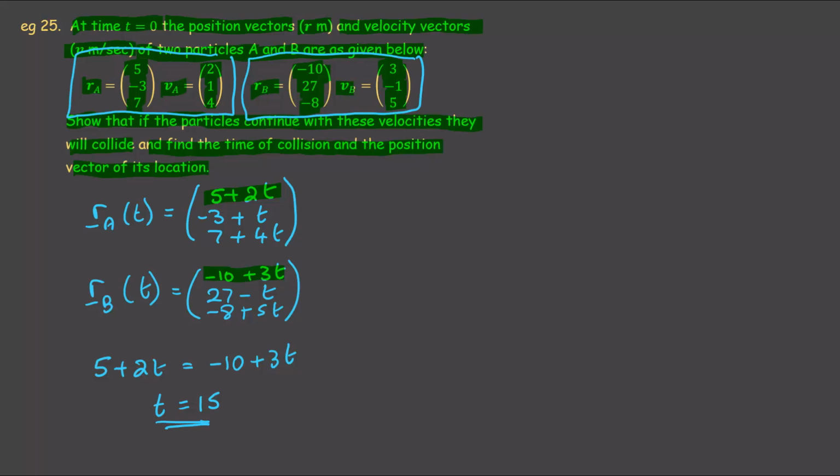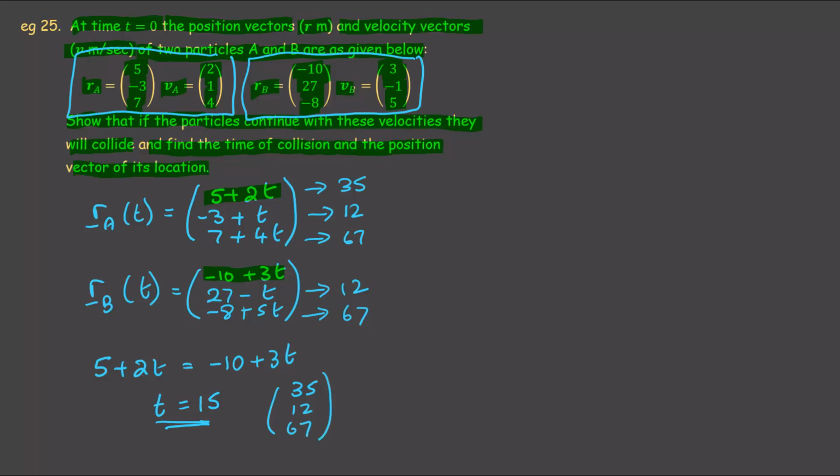Now if we go back and check, when t is 15, this one would be 12, so the j components work, and this one would be 67, and so would this one. When t is 15, the i component here would be 2 times 15 add 5, which is 35. So we've got the time and we've got the position vector at (35, 12, 67).